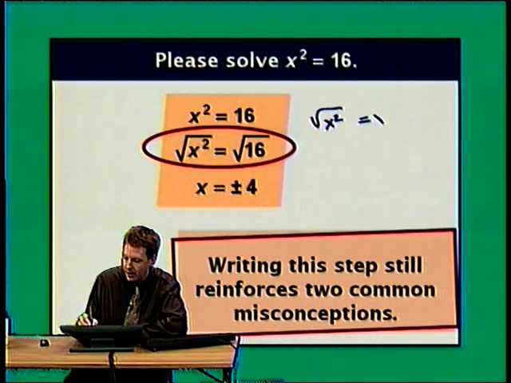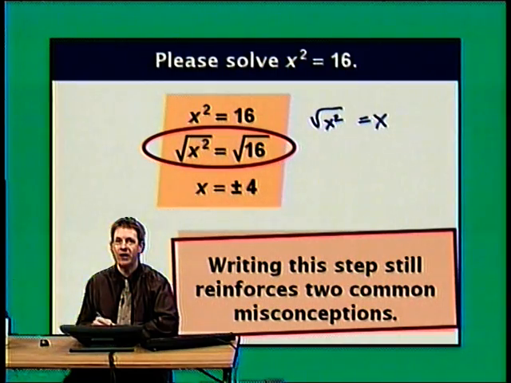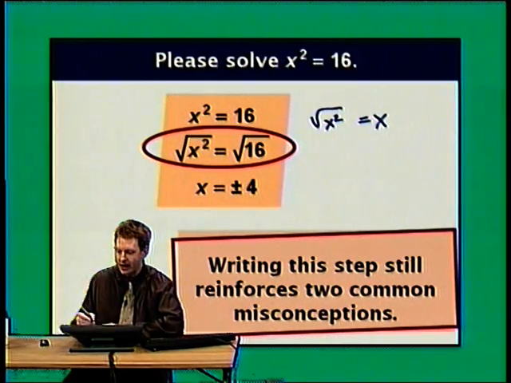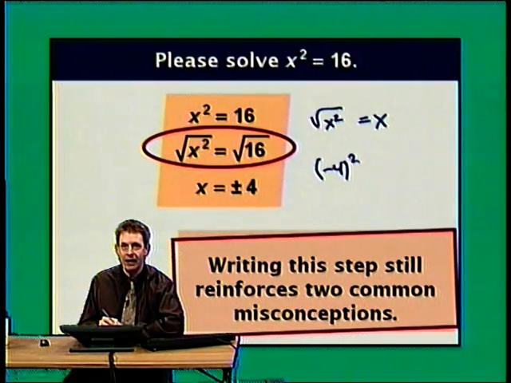The other misconception that this reinforces is even more dangerous, and that's that the square root of x squared equals x. Now, it seems at first blush that that must be true, but that is not necessarily true. Again, let's think about the fact that there's two numbers that we can square that gives us 16. I can square negative 4 and get 16.